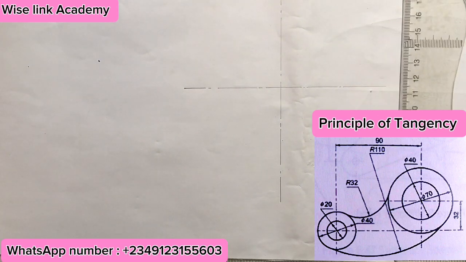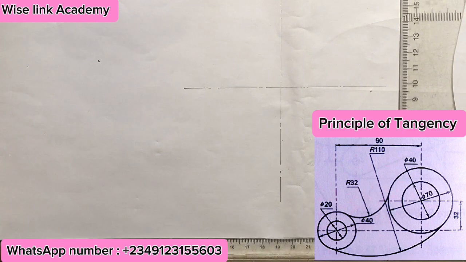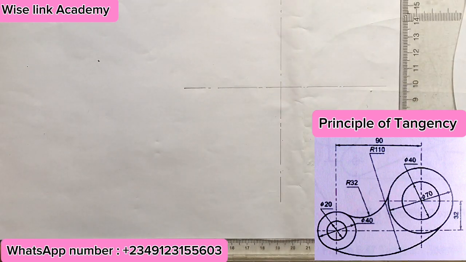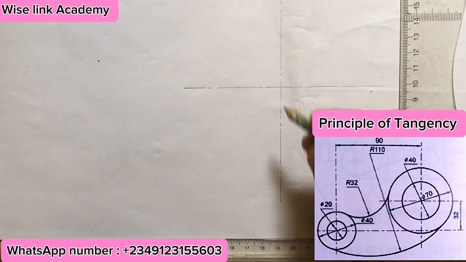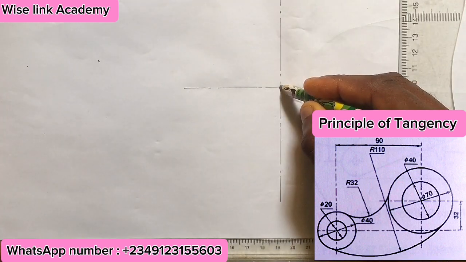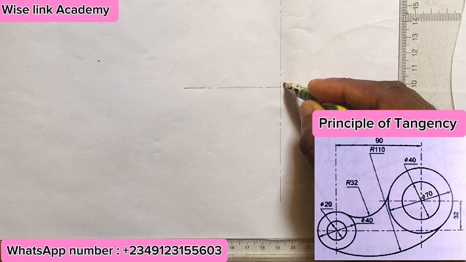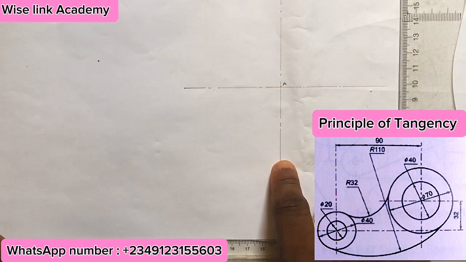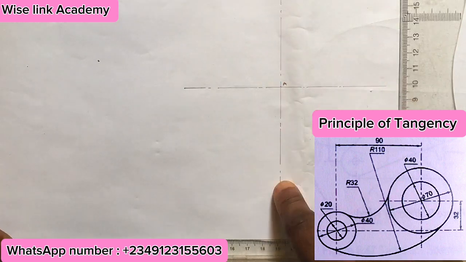So this center here that you are seeing, this center is where my arrow is indicating. Let's call it center A. From this center, there is a point somewhere here at a distance of 32 downward.